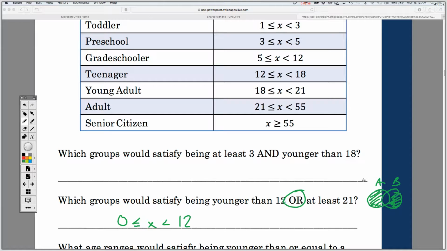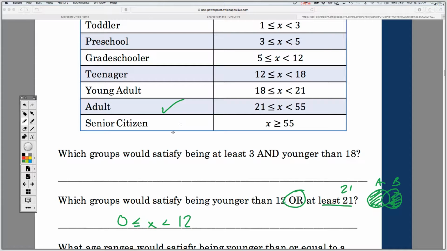Okay. So which one would be at least 21? Well, does it include 21 or no? Okay, so at least it would have to include 21. So this one would be at least 21. So would it be the young adult or adult that includes 21?